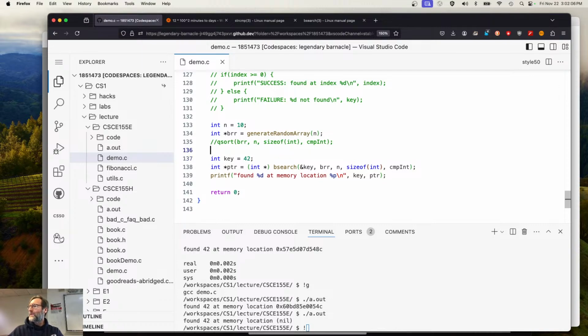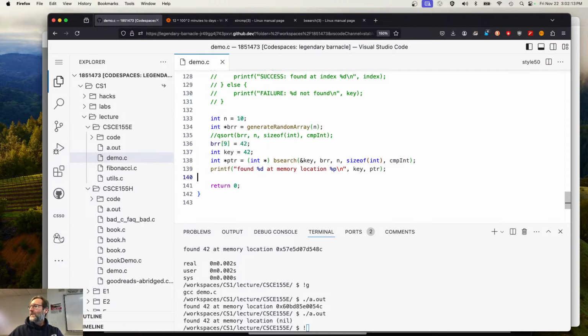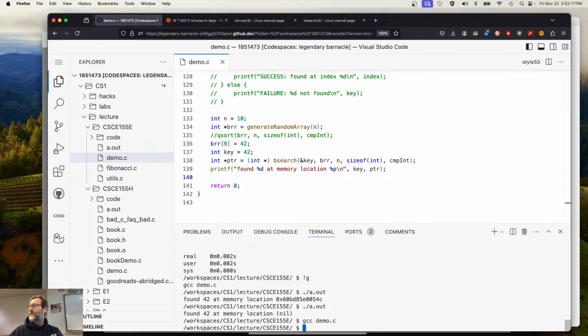What I'm going to do is say, after you generate that random array, make the last one equal to 42. Right? So this should end up as a successful search, right? Oh, by the way, if it's an unsuccessful search, what does it return? Yeah, nil. It printed it out as nil here, but it ends up returning null, right?